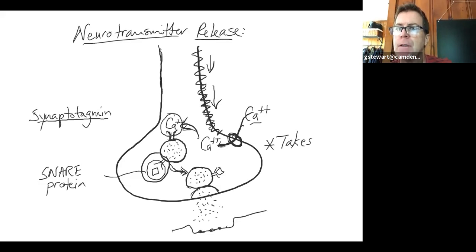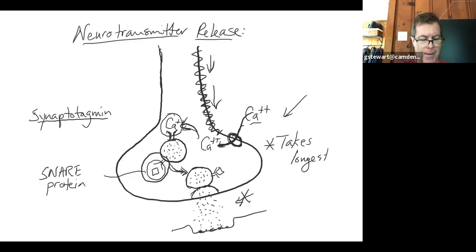What step takes the longest? And almost everybody in the class, including myself, raised their hand when he said diffusing across the synaptic cleft. That is not what takes the longest. This process here takes the longest time. Neurotransmitter release takes longer than the diffusion process across the cell.